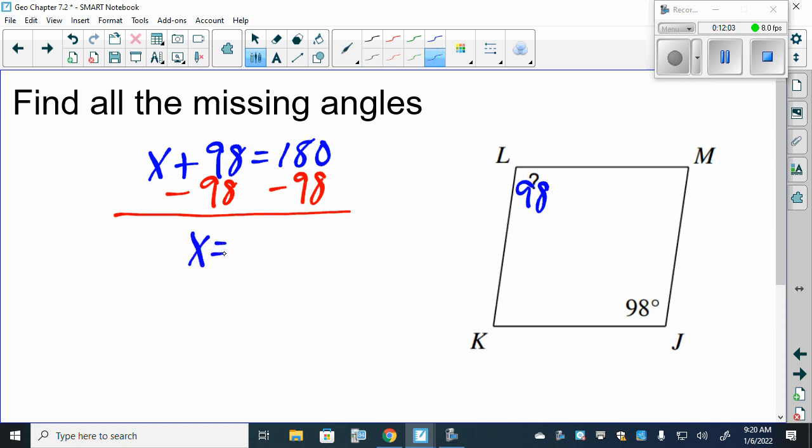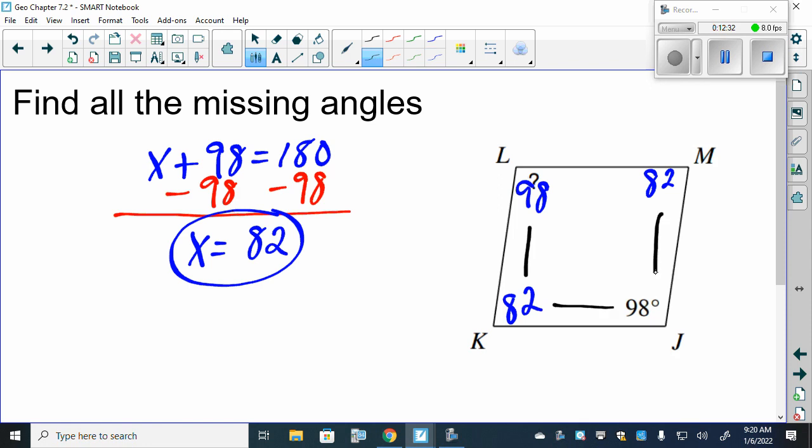Or really, we could have just subtracted 98 from 180, and this here would be 82. Because we could have also just added up from 98 to 180, because 2 added to 98 would give us 100, and then we would need 80. So the other two angles are 82 and 82.